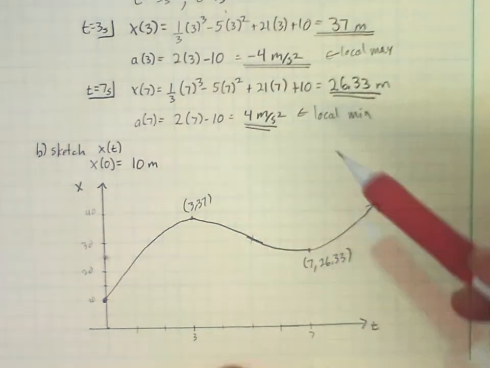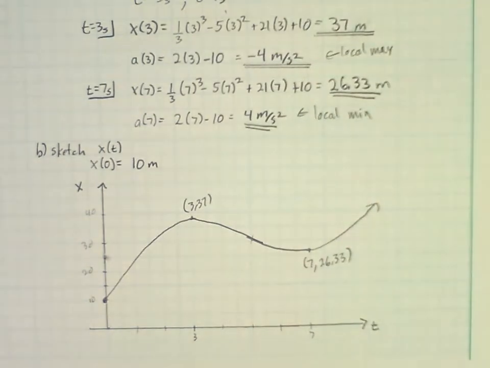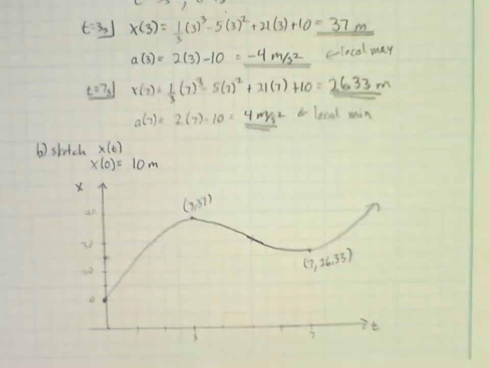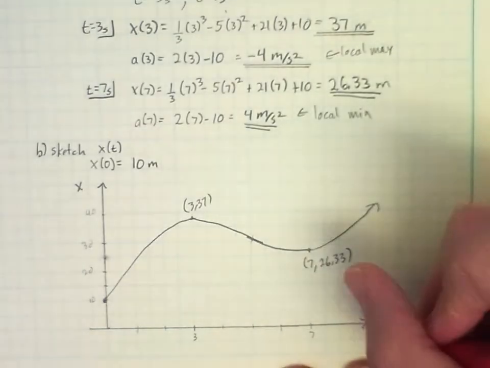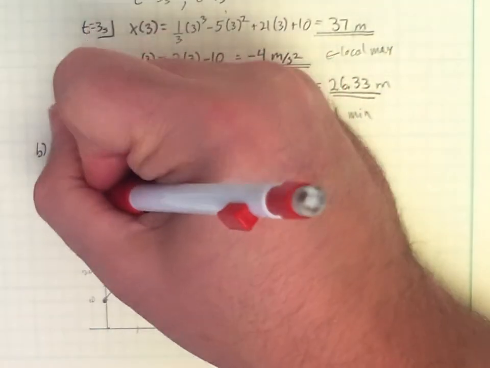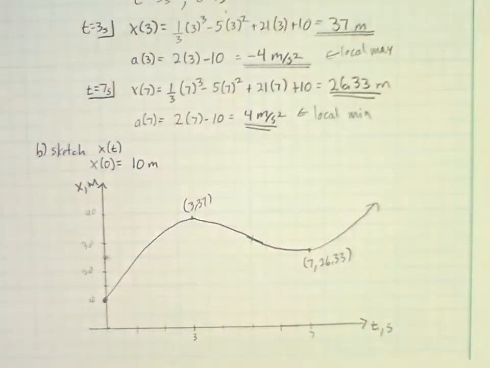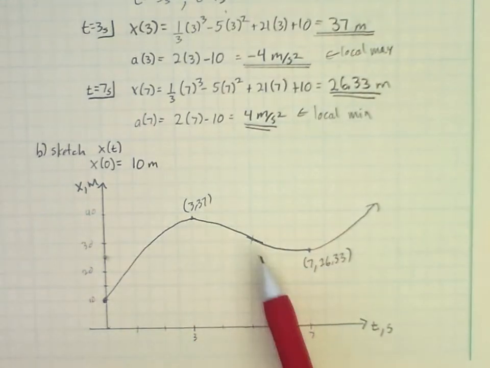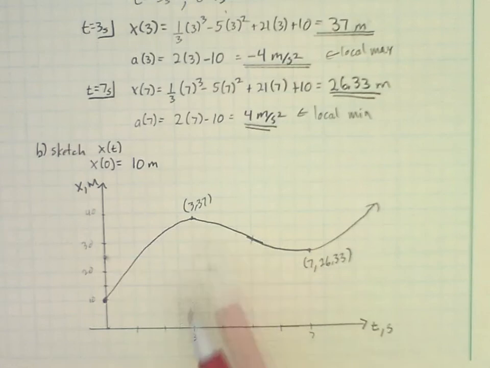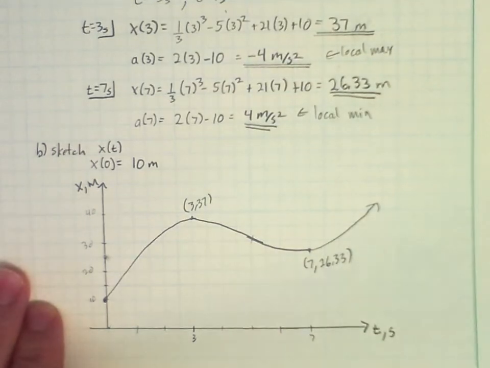It's where the curve changes from going down to going up. It's not a max or a min, but the second derivative, the acceleration, is 0 there. We should make sure to have units on here: time in seconds, x in meters. That really gives us a nice little sketch of what's going on. Again, these aren't absolute max, but they are local max and local min, as we can see there.